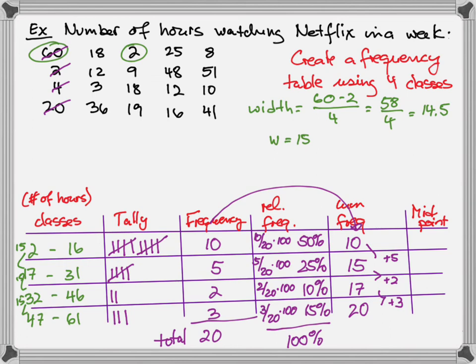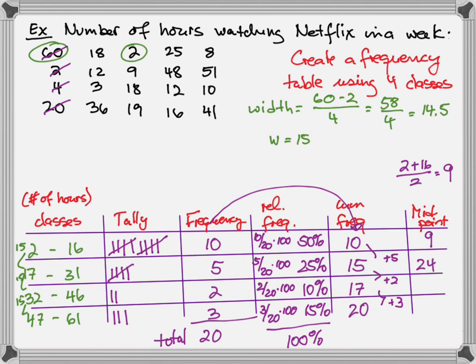Now the midpoint, let's do it for the first class, by adding the lower limit 2 plus the upper limit 16 and dividing that by 2. So 2 plus 16 is 18, divide that by 2 is 9. So the midpoint between 2 and 16 is 9. Now to make it easy, just add 15 to it. 15 is the width.